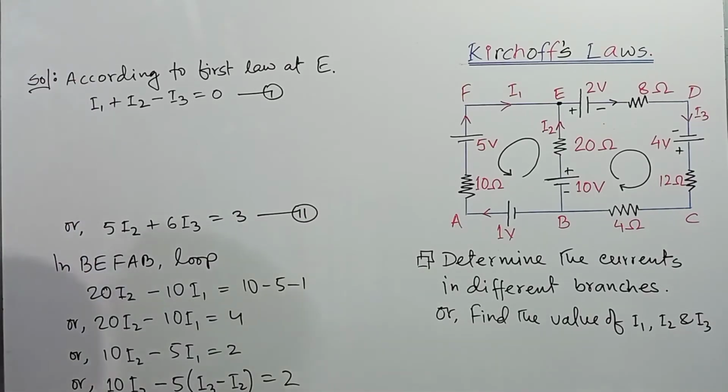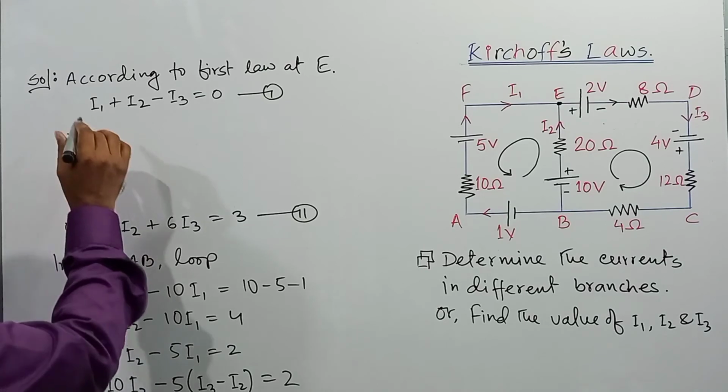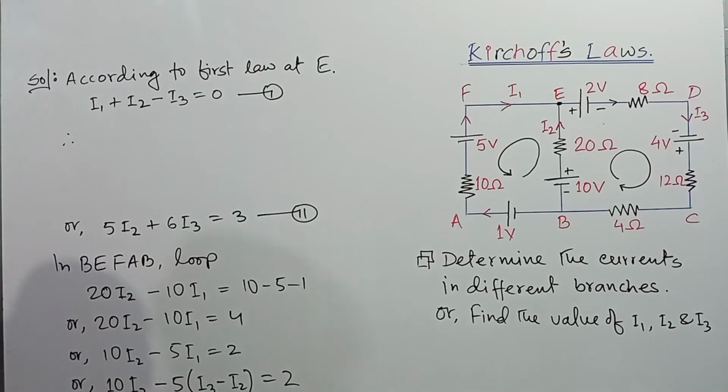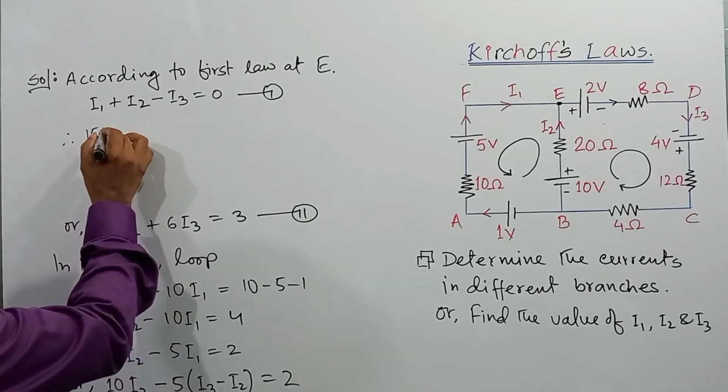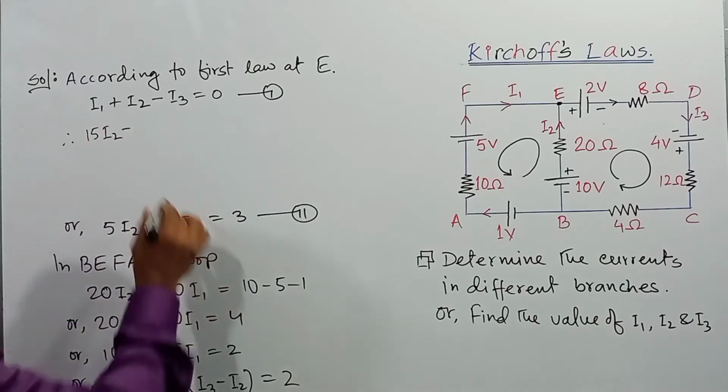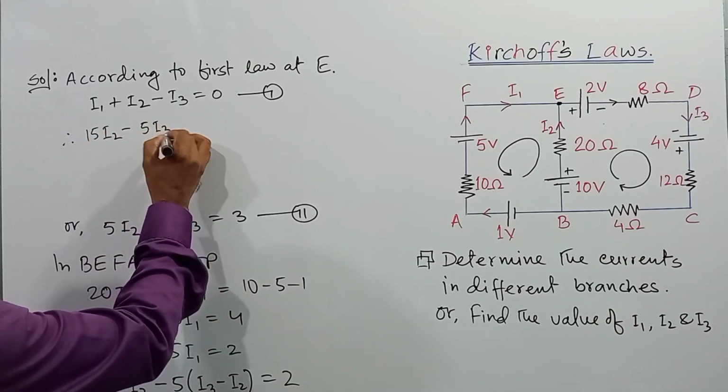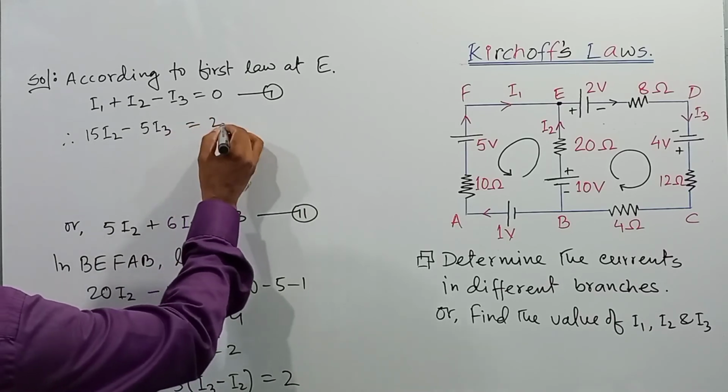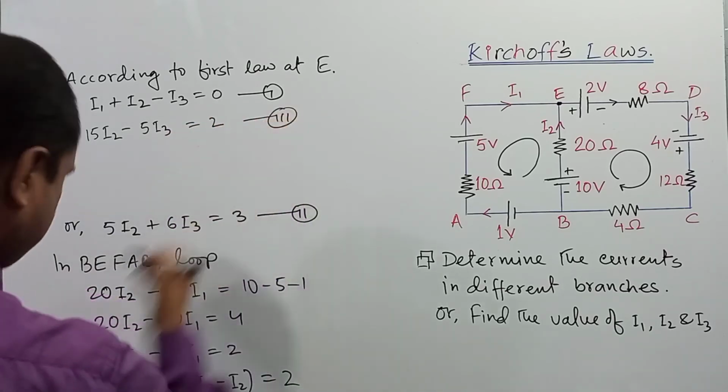Therefore 10 I2 plus 5 I2, that is 15 I2 minus 5 I3, is equal to 2. This is equation number 3.